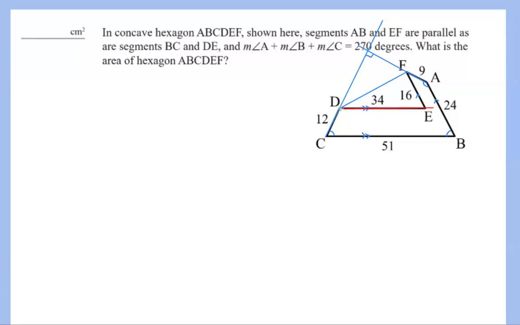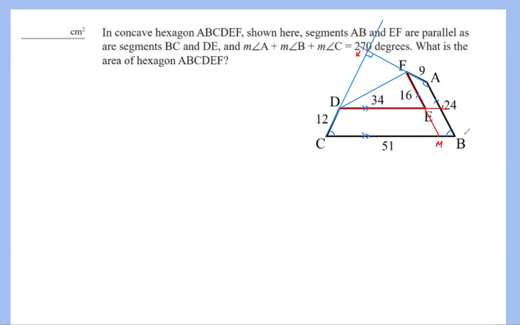Okay, so if I extend DE until it hits AB, and then extend FE until it hits BC at some point, let's label those. I'm going to call this intersection K, and then I'm going to name this L, this M, okay?